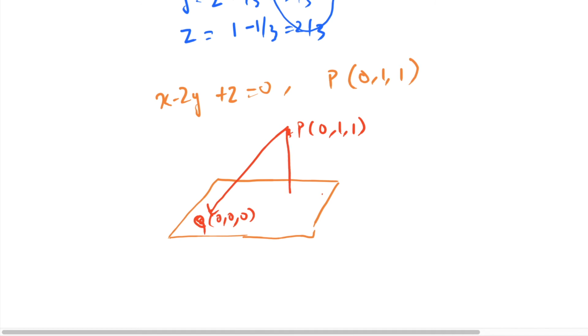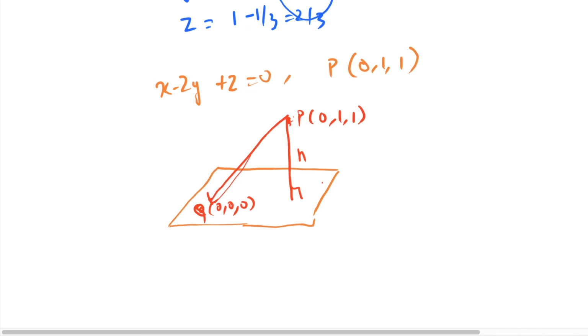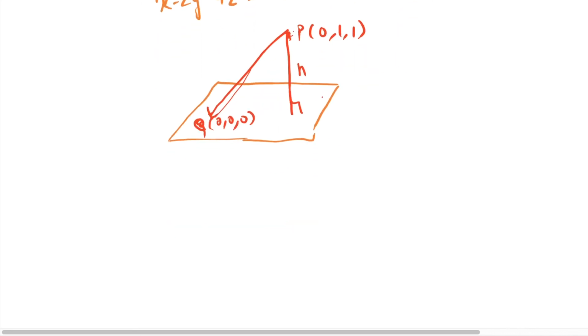So let's say this is a normal vector to the plane. Let it be n. So the distance that we are looking for is nothing but the projection of this vector PQ onto the normal vector of the plane, right? And again, the problem is quite simplified now. So we need to calculate the vector PQ.